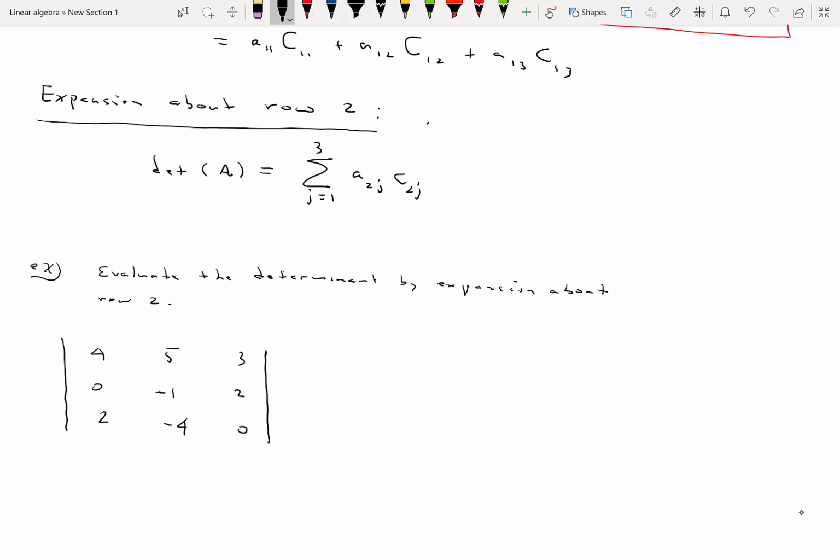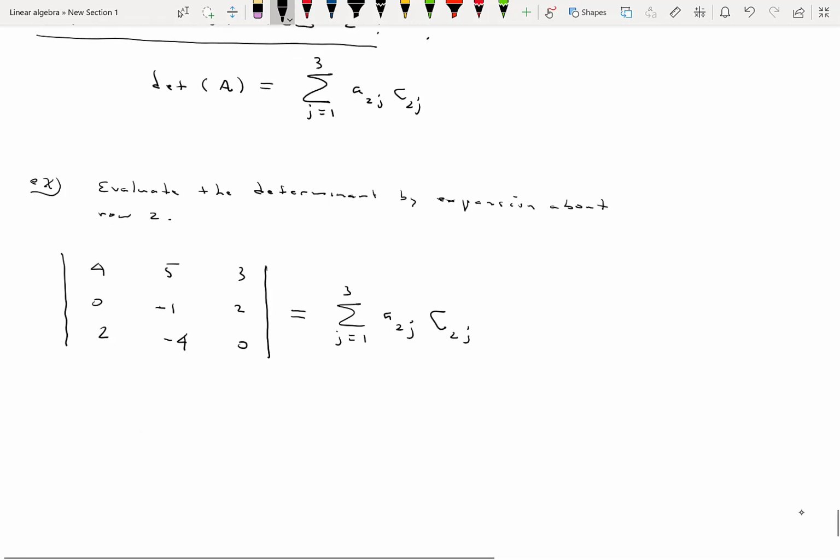So here's the actual determinant, and then that determinant will equal, by expanding about row 2, in sigma notation form, the sum as j goes from 1 to 3 of A2j C2j. Let's see what that looks like in terms of a sum.